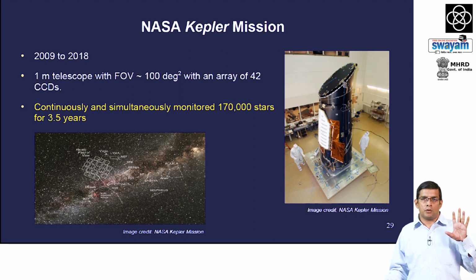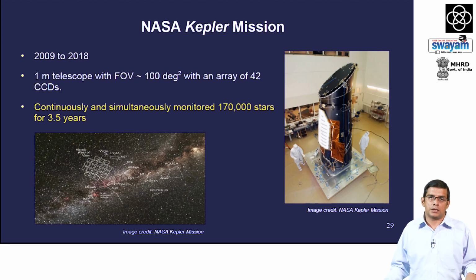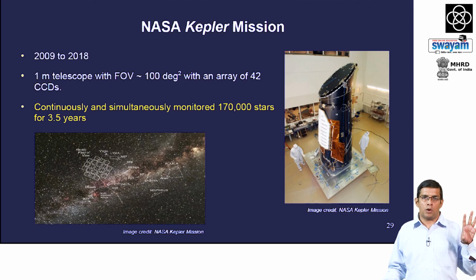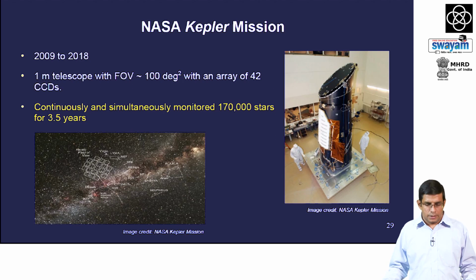The field of view of this Kepler telescope for most part of the mission was fixed at only one patch of the sky, as you can see in this diagram near the Lyra constellation, and it continuously and simultaneously monitored 170,000 stars for 3.5 years, and of course, it detected a large number of planetary transits during this time.